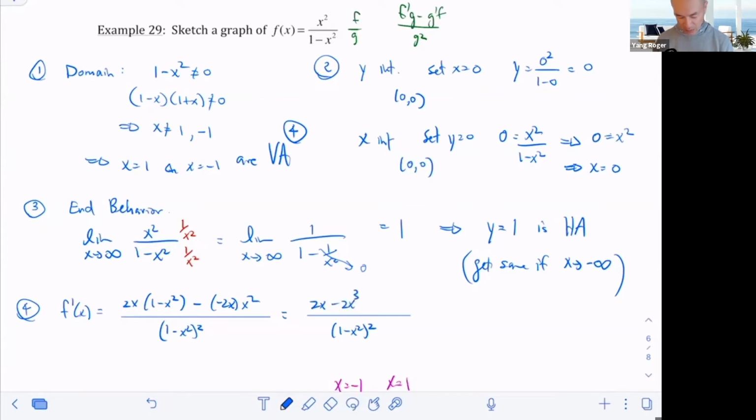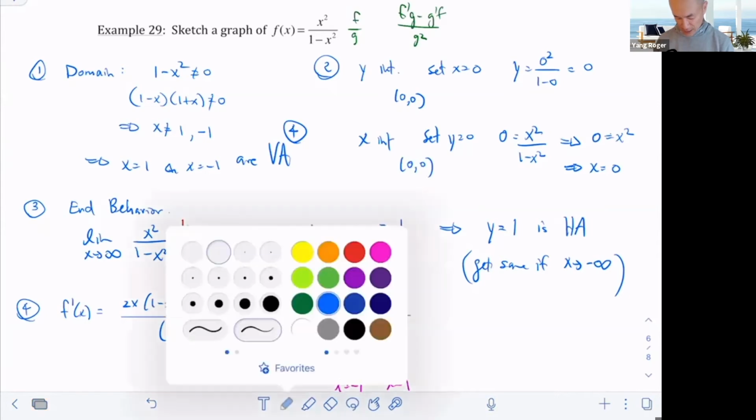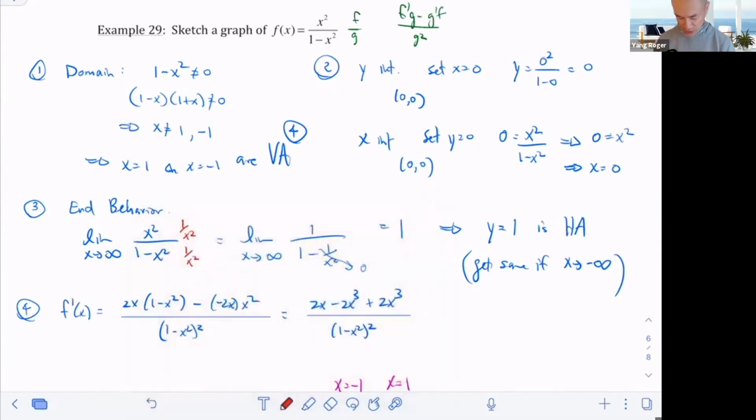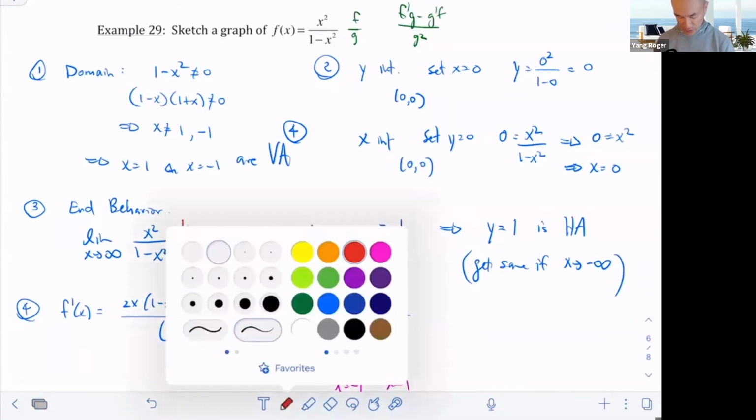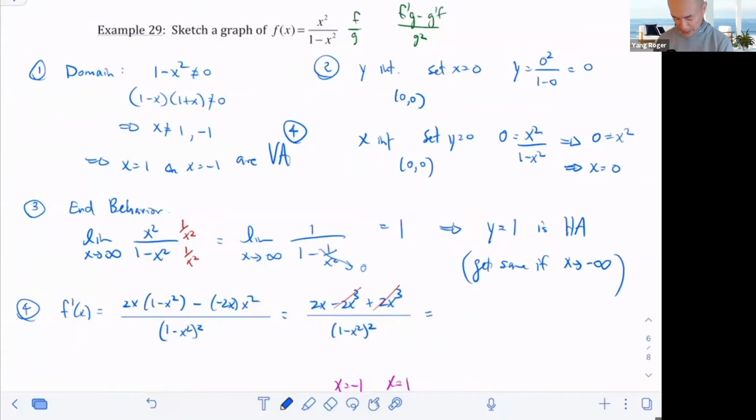And then this last term will be plus 2x cubed. So that worked out really nicely because the 2x cubes cancel out. So you end up with this relatively simple looking derivative, 2x over 1 minus x squared squared.